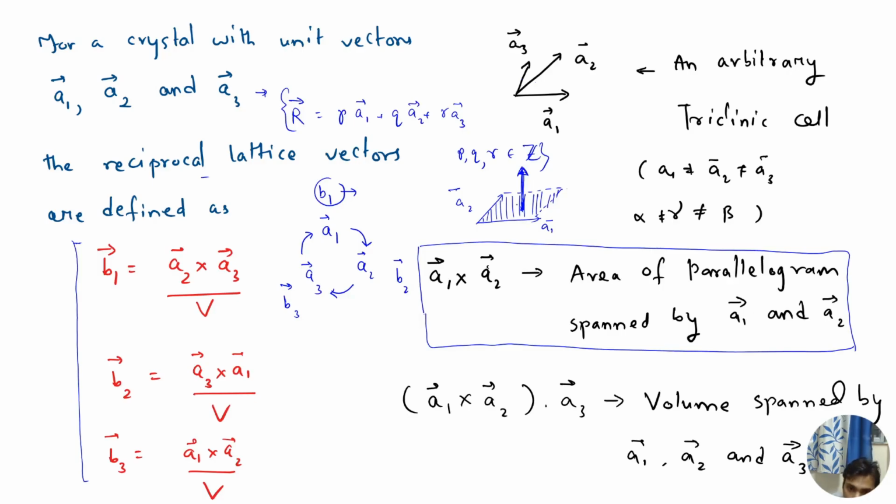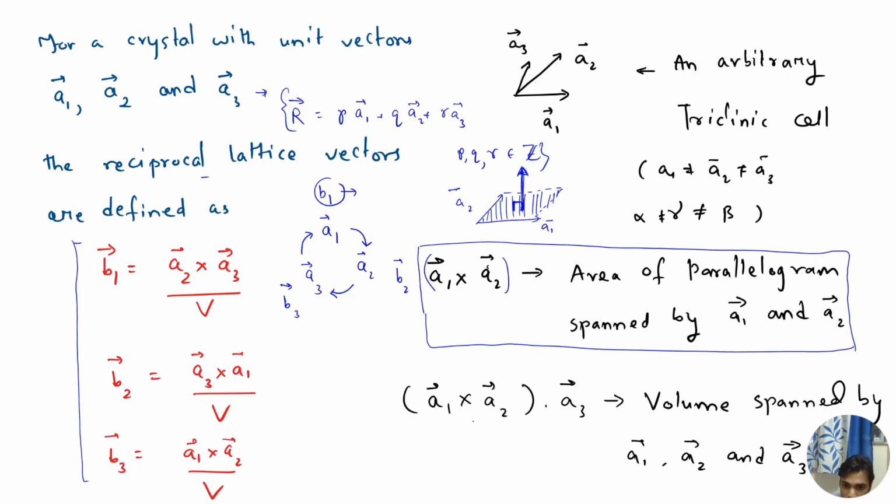So the direction of a1 cross a2 is perpendicular to both a1 and a2, and its magnitude is the same as the area spanned by a1 and a2.